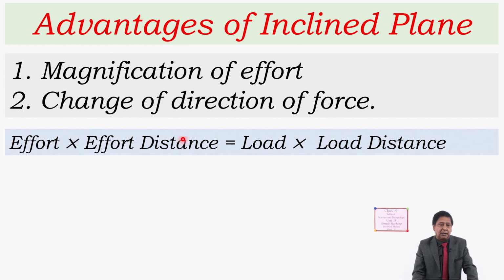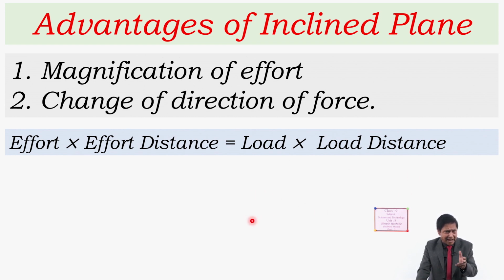Now, what is our concern? What I told you just now, this inclined plane magnifies the effort. It means it must have longer effort distance than the load distance. And how does it magnify the effort when effort distance is longer than load distance?